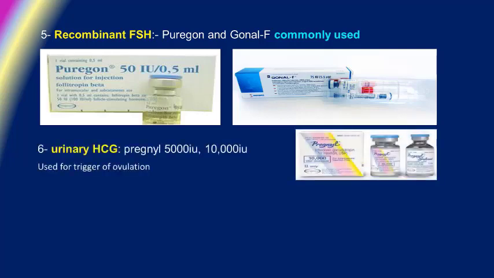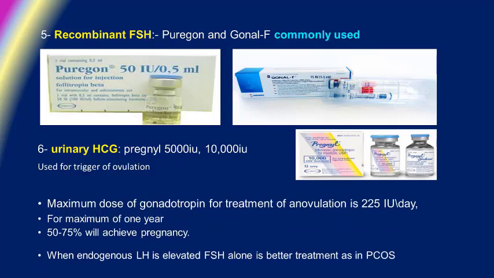Last drug is urinary hCG. Urinary hCG is used as a trigger of ovulation. We have 5,000 international unit or 10,000 international unit vials. Maximum dose of gonadotrophin for treatment of anovulation is 225 international units per day. That means 3 injections per day.